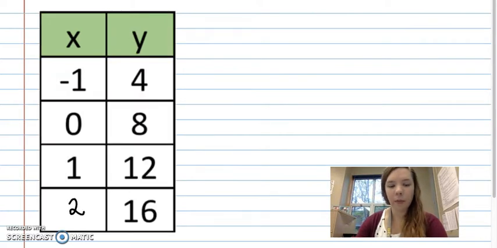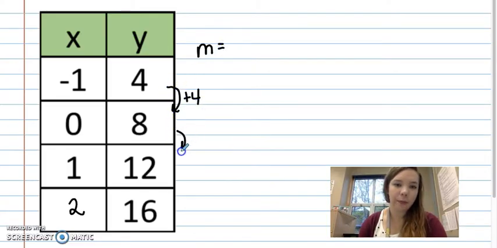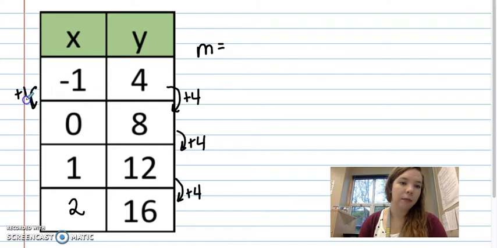Okay, again, go ahead and pause and write this table down. I want to find my slope first. So it looks like for my y's, I'm adding 4 each time. And for my x's, I'm adding 1.